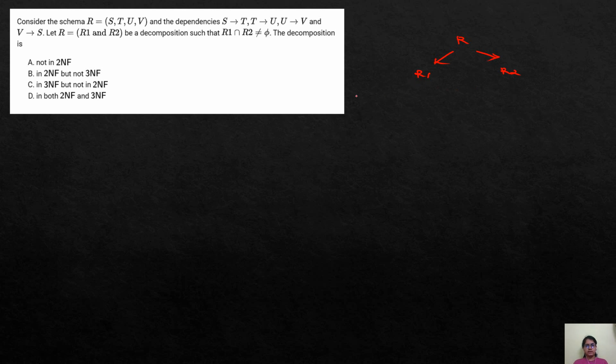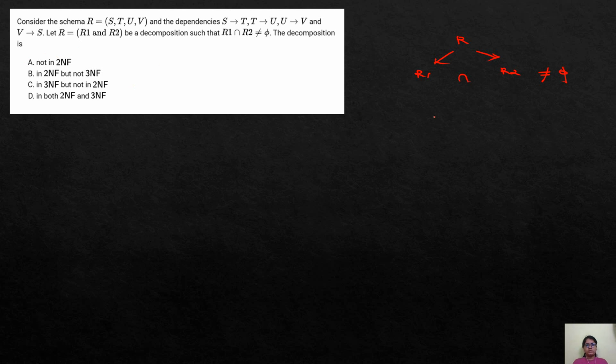R1 will have some dependencies, and R2 will have some dependencies. If we take the intersection of these two, it equals null, phi. We don't have anything common here.